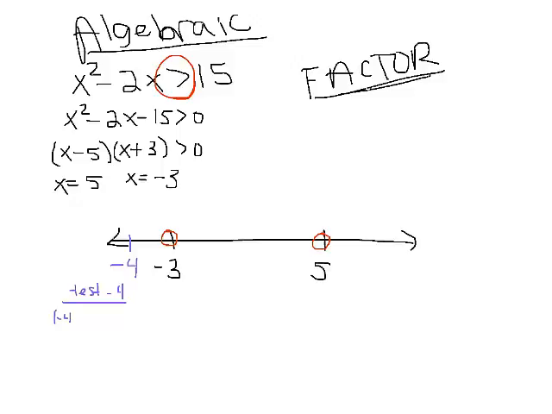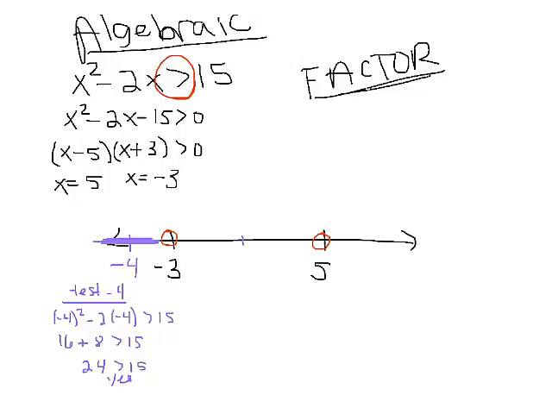We'll have negative 4, remembering to always put it in parentheses, squared, minus 2 times negative 4. We want to know, is that greater than 15? Negative 4 squared is 16. Negative 2 times negative 4 is positive 8. So plus 8, is that greater than 15? We get 24 is greater than 15. So this is true. Because that's a yes, we're going to shade to the left of this line.